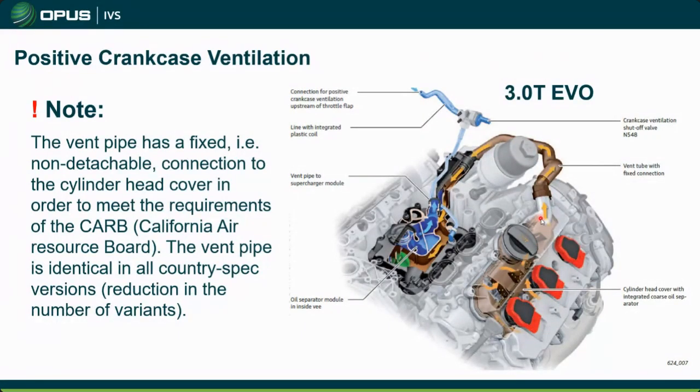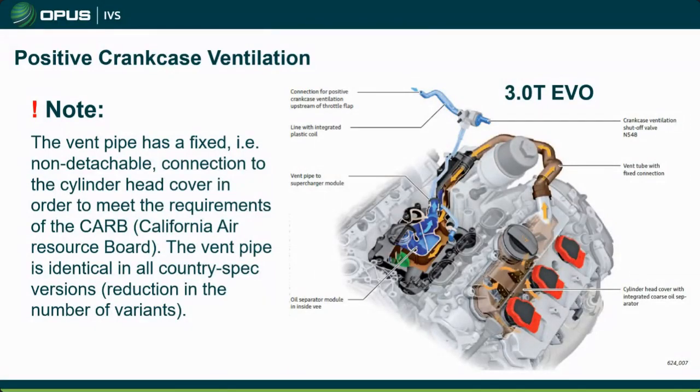I'm not sure exactly why, but on the older systems, there was a little thing you could pinch here, you could pull it off. It was real easy. Apparently, the California Air Resource Board was not a fan of that. I imagine they said that you would get some leakage through there or something, and that would create some emissions. So this is kind of the system that they came up with.